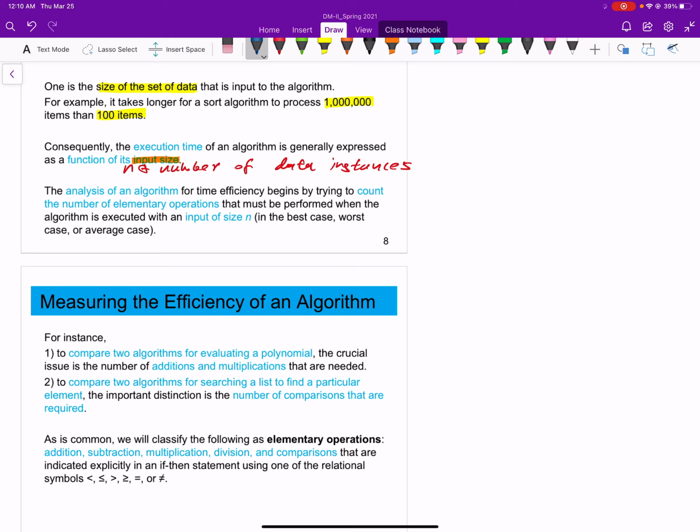It is the number of elementary operations that must be performed when the algorithm is executed with an input size n. Then you can discuss the best case, worst case, or average case. Let's go to the next slide.